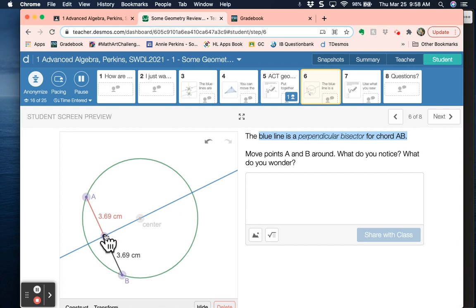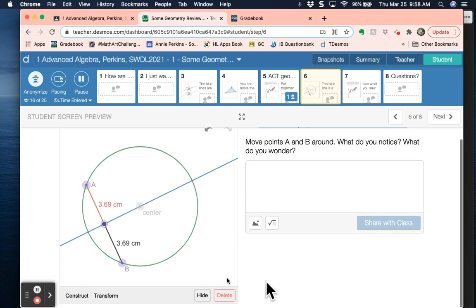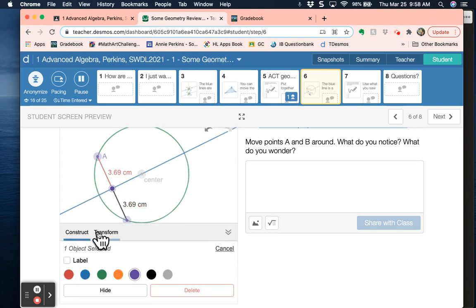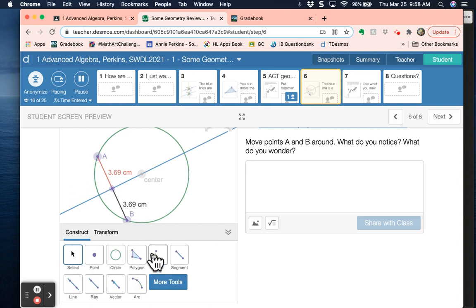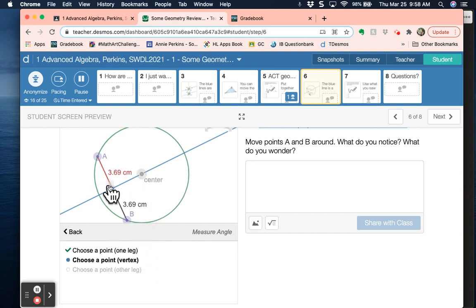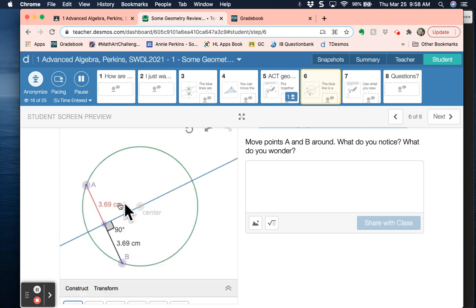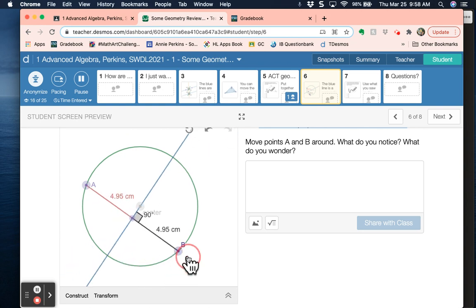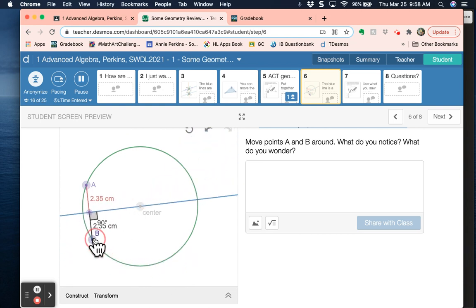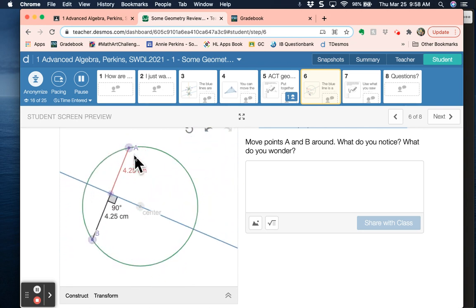So that is halfway in between A and B. And since it's perpendicular, that means we have a 90-degree angle here. And it doesn't really matter how I move this around. If I move B and A, notice that 90 degrees never changes. It's always going to be 90 degrees.